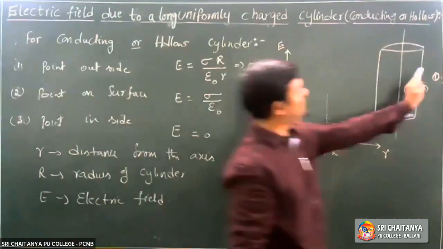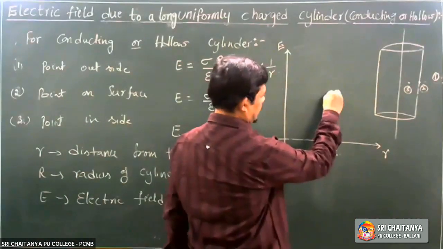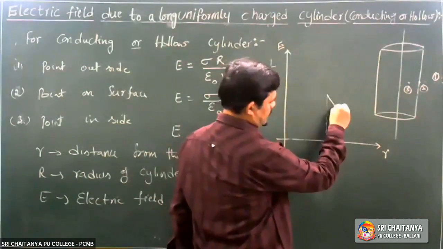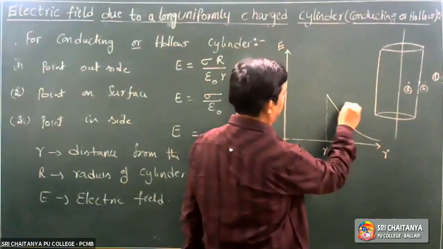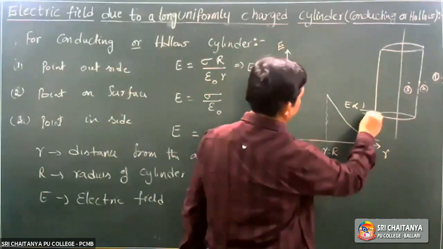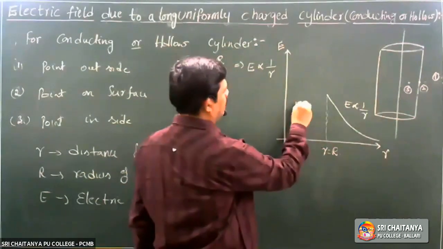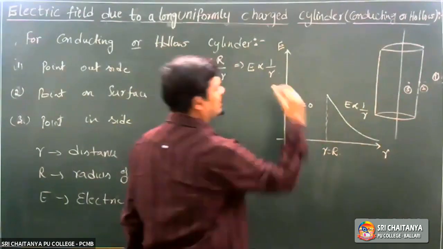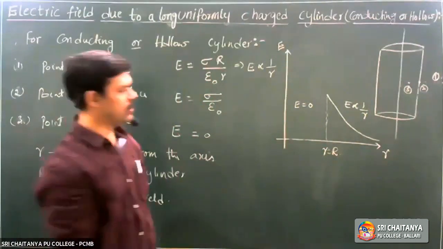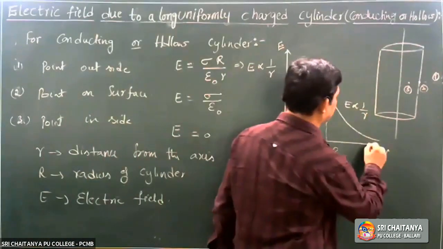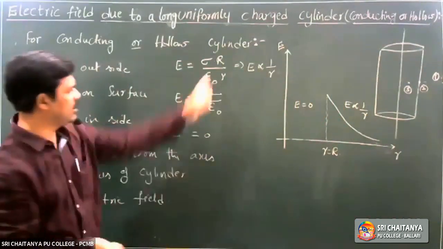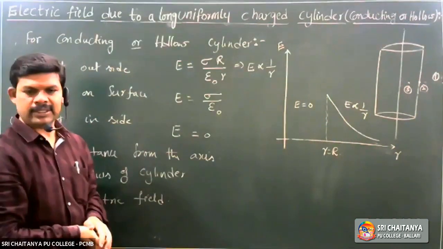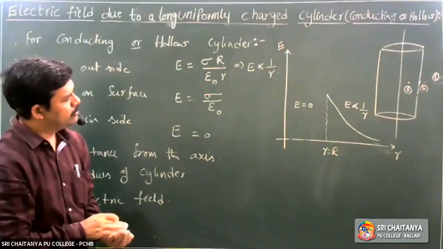So at any outside point, the graph is like this because E is inversely proportional to r. Inside point, E is equal to 0. So sometimes in the entrance exams they ask the graph. To draw the graph, what do you need to remember? These formulas. Right? Come on, note down.